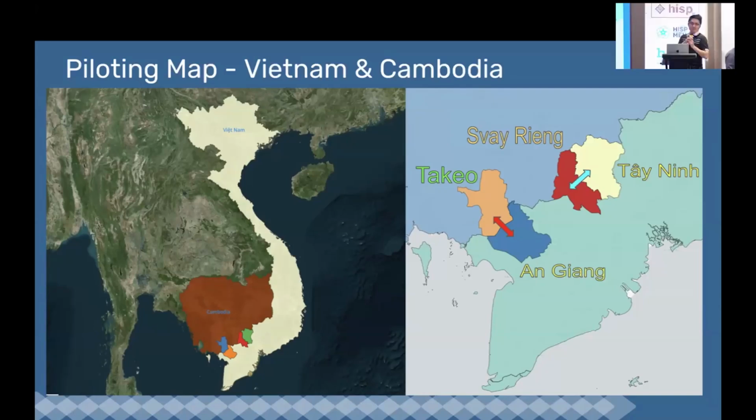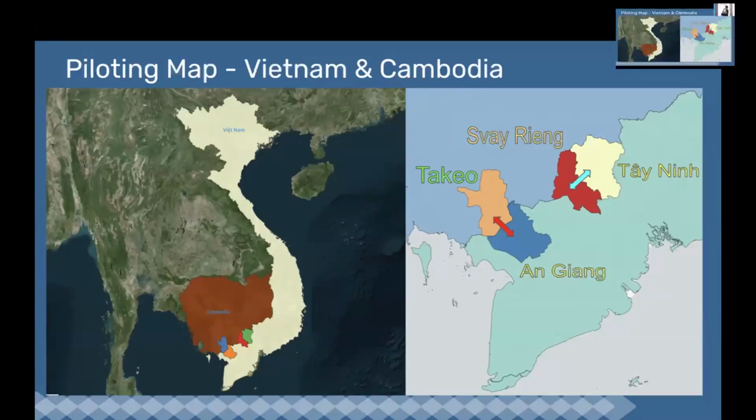So this one I will continue with Professor Jones about what TB migrants currently do in the pilots at the border of Vietnam and Cambodia. We are doing pilots for the provinces of Svay Rieng, Takeo, An Giang and Tây Ninh.